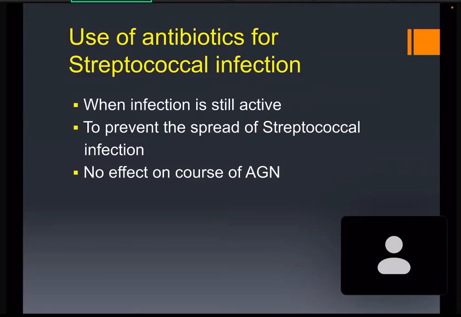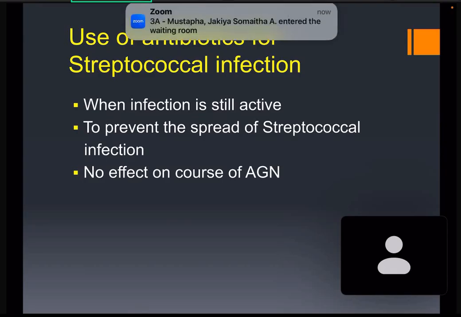So the use of antibiotics for streptococcal infection has two schools of thought. They will give antibiotics because they want to stop the spread of the streptococcal infection. However, remember that this is post-streptococcal, meaning the complication of the toxins that have been released from the streptococcus bacteria.